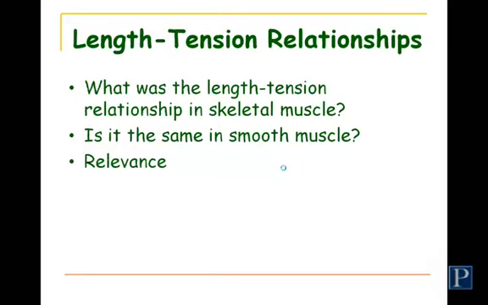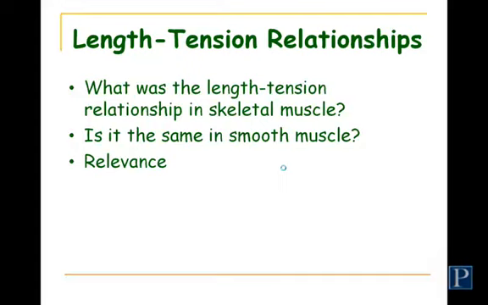Another difference is length-tension relationships. In skeletal muscle, there's a relationship between the resting length of the muscle and how much tension it can develop. Remember, if the sarcomeres are stretched too far, your zone of overlap will disappear or decrease. Your cross bridge formation will decrease, or it may not occur, so you're not going to get a lot of tension developed.